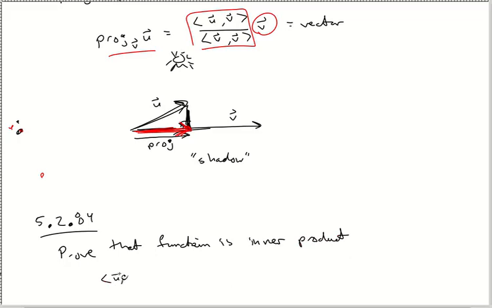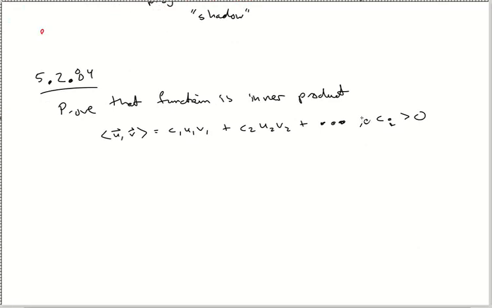Okay, so UV, again, we're redefining it as C1 U1 V1 plus C2 U2 V2 plus all the way out to N. And they're saying specifically that all my C's, all my CIs, are going to be greater than 0. That's their language. I would probably put something like for all I.